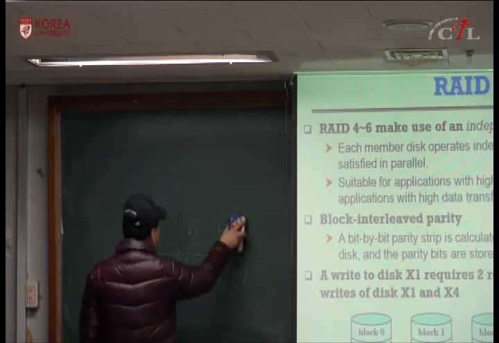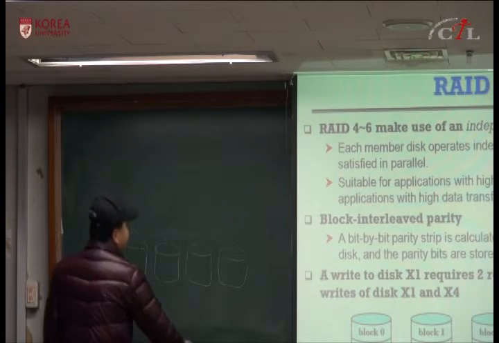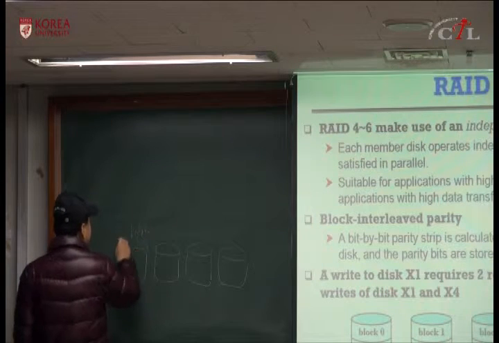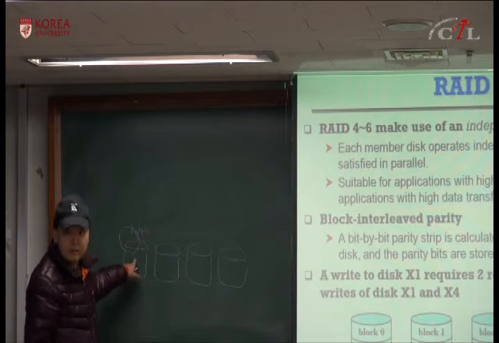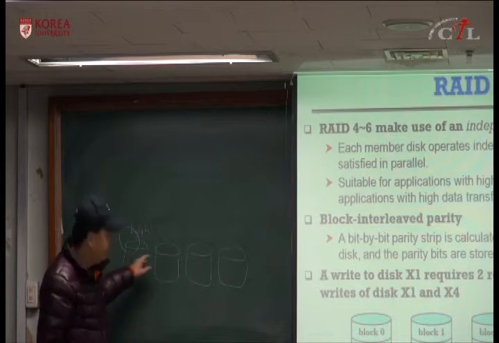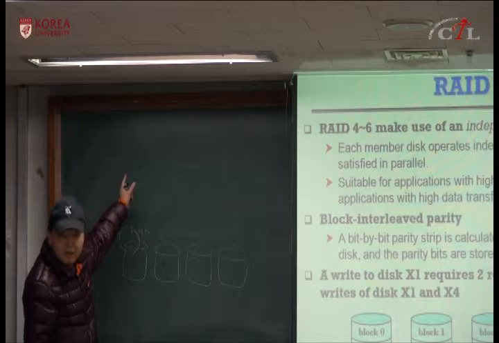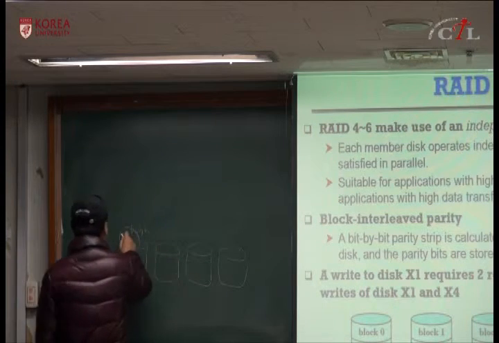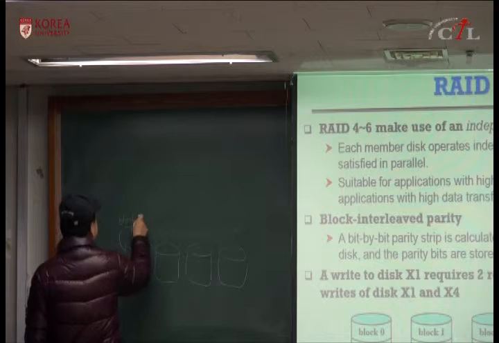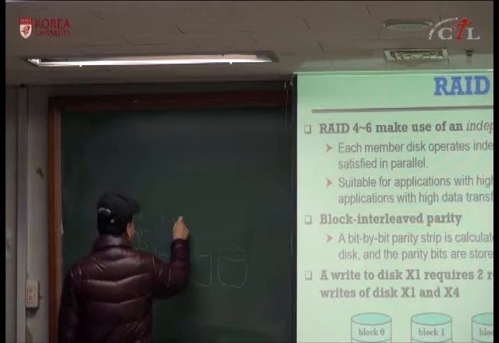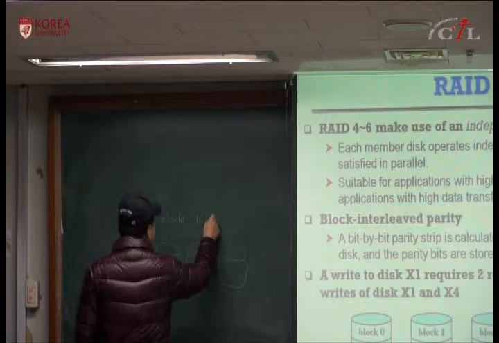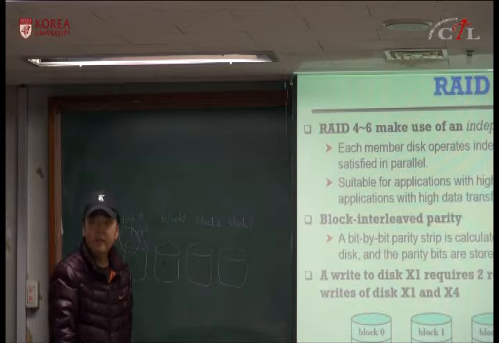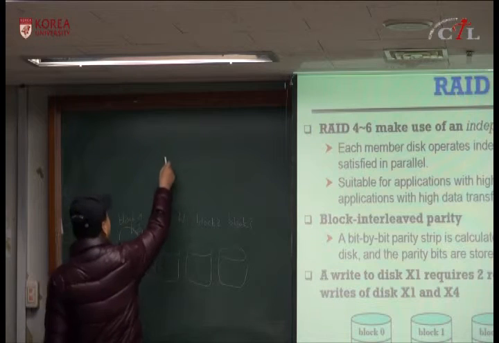But in RAID 4 to RAID 6, it's like B0, B1, B2, and a single block is stored here. Maybe the next block is stored here. And each block can be transferred to the system independently. So this is maybe block 0, block 1, block 2, and block 3.